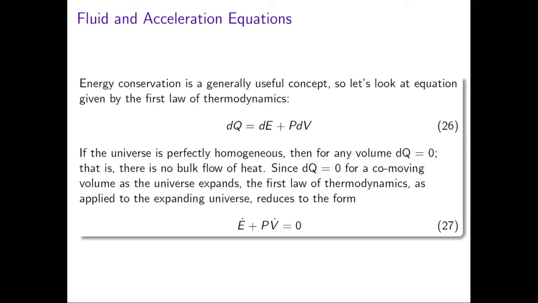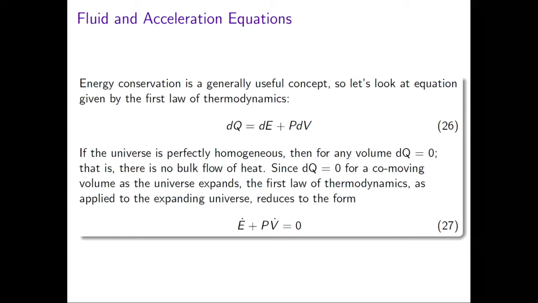The cosmological principle states that the universe is perfectly homogeneous and isotropic at all points. So we can say that there is no effective transfer of heat or net bulk flow of heat.